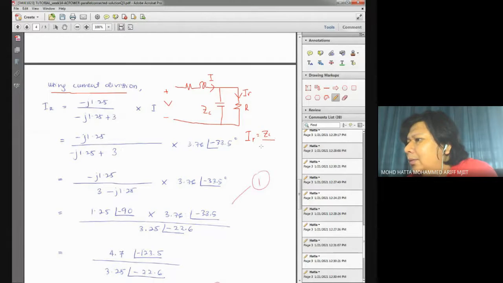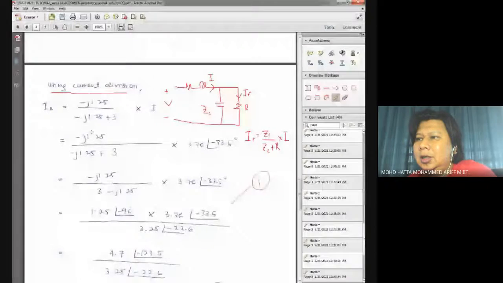We should divide the component with the summation of ZC and R, and we multiply it with the current coming before the branches. Okay, current over here. So I will be divided into these two branches, so we focus on this branch only. So IR can be written as ZC divided by ZC plus ZR times current over here. So that is what happened in this calculation.